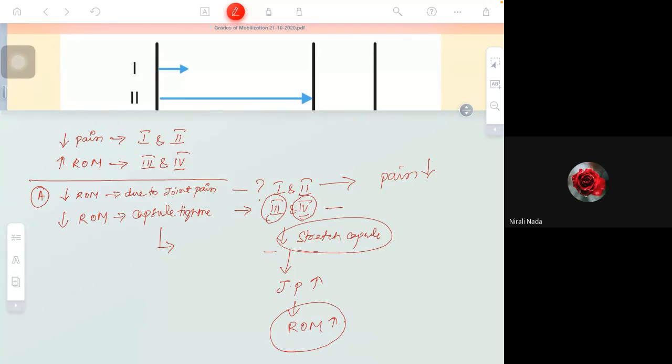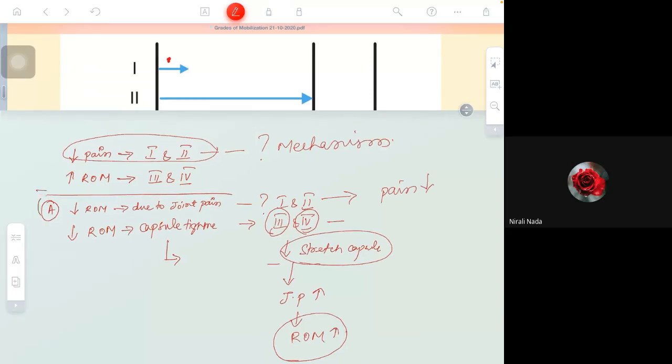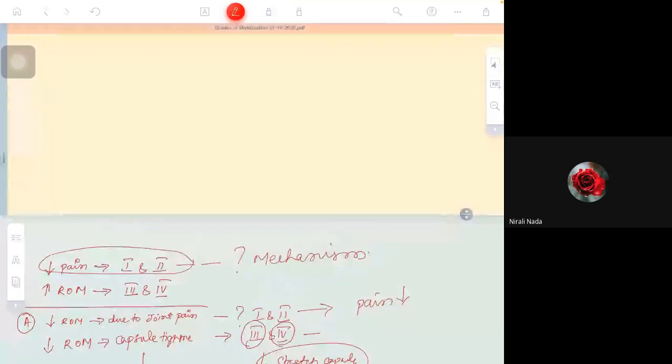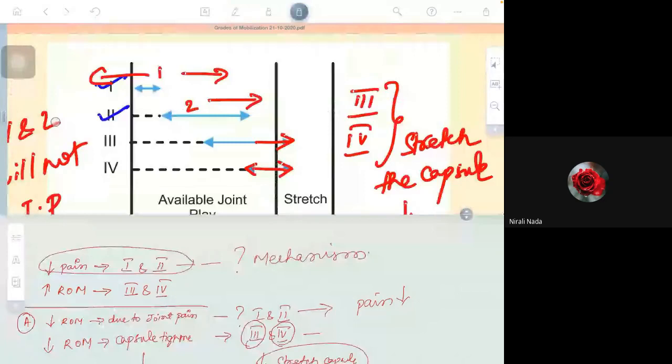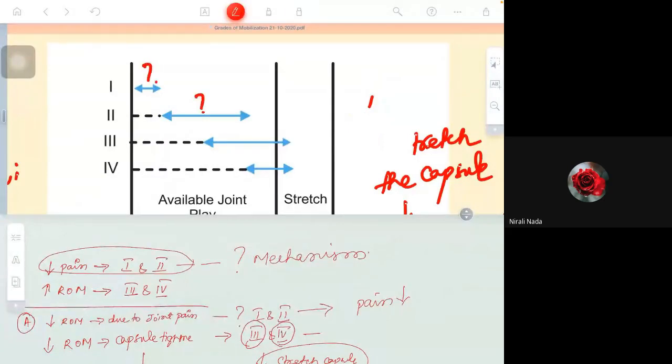If you give 1 and 2 mobilization, pain will reduce. So what is the mechanism? How do grade 1 and grade 2 mobilization reduce the pain?